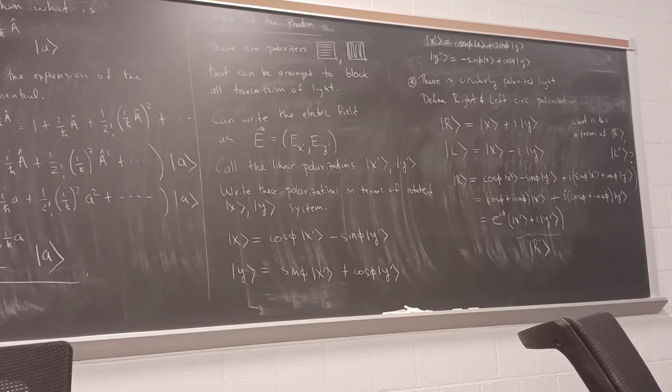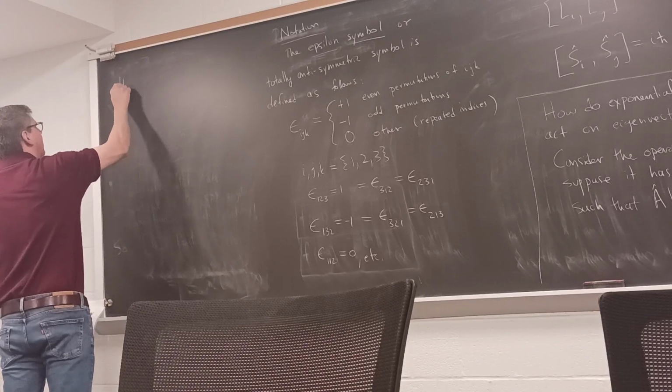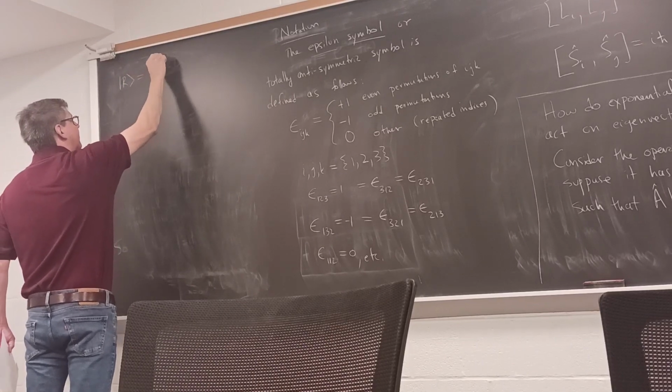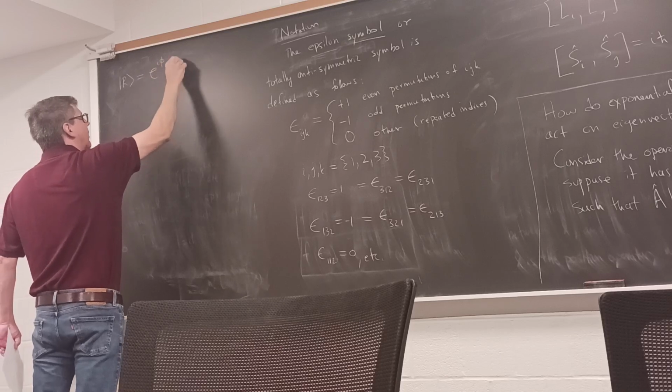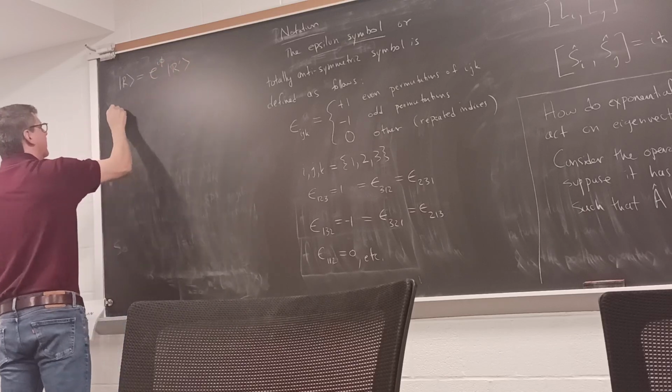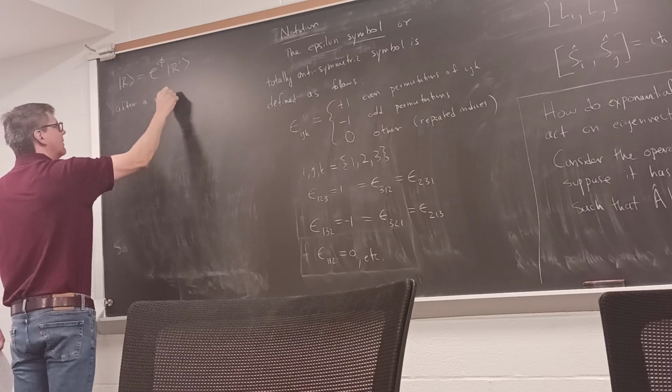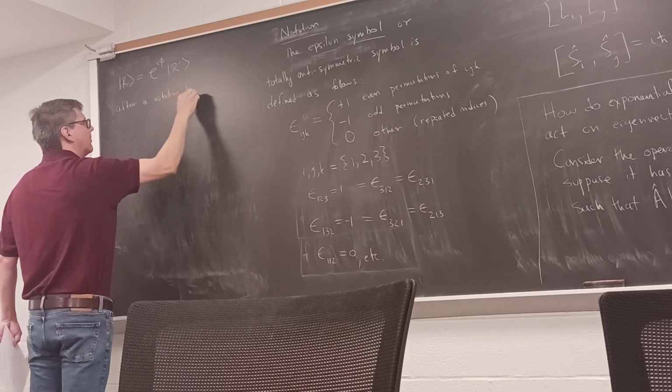All right, so we have R is equal to e to the i phi R prime after a rotation by phi.